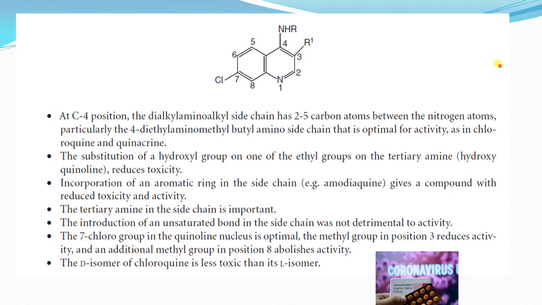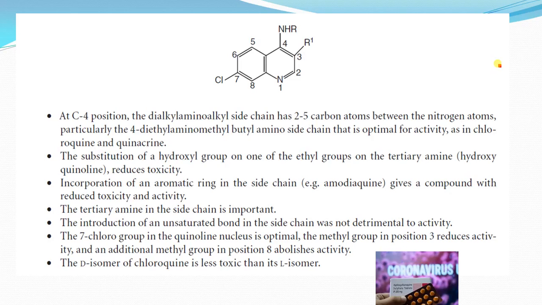I repeat again, the introduction of an aromatic ring in the side chain gives a compound with reduced toxicity that shows biological activity. The introduction of an unsaturated bond in the side chain was not detrimental to activity. And the D isomer of chloroquine is less toxic than its L isomer.